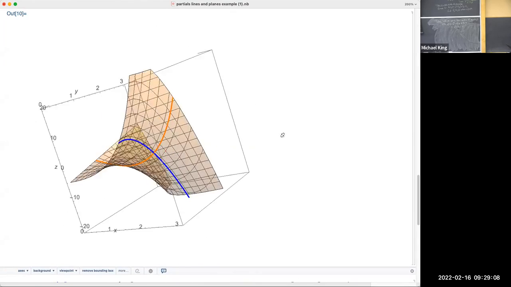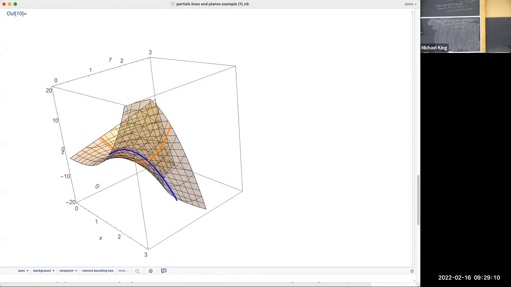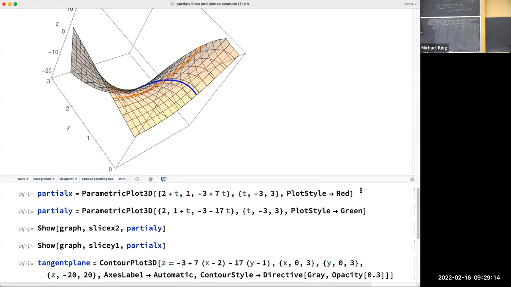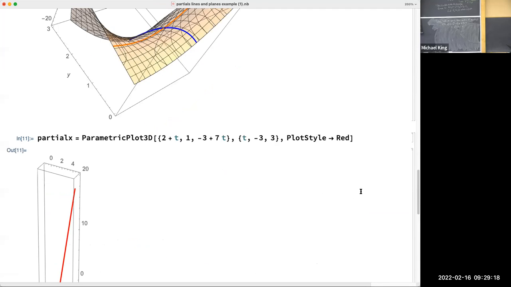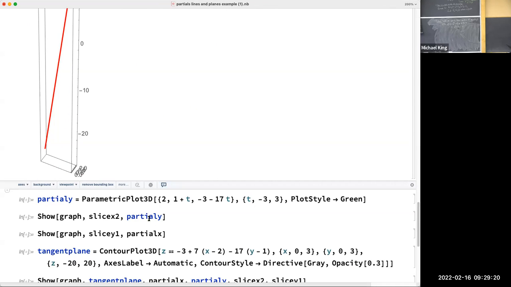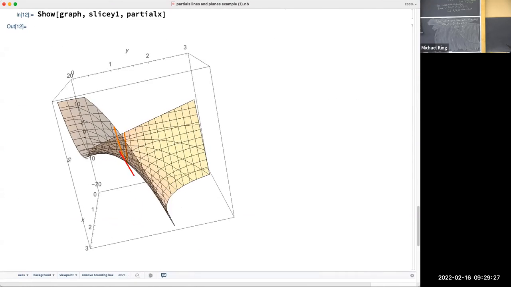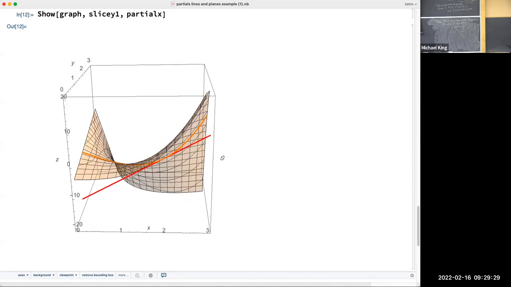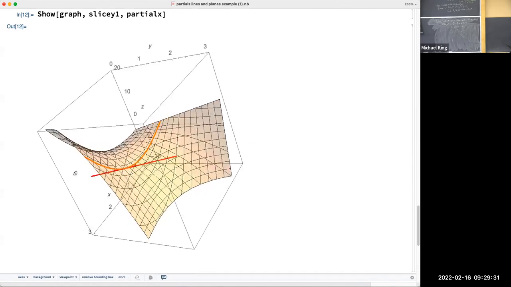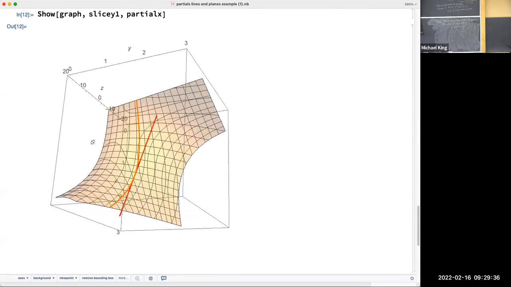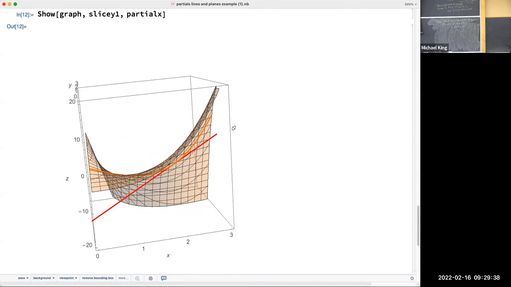You guys can see that? And then actually the x equals 2 slice is the blue line, so I have both of these. And then let me try graphing this. Okay, so there actually is a tangent line to the graph right there, right? There's a line tangent to that orange slice. You guys see that?